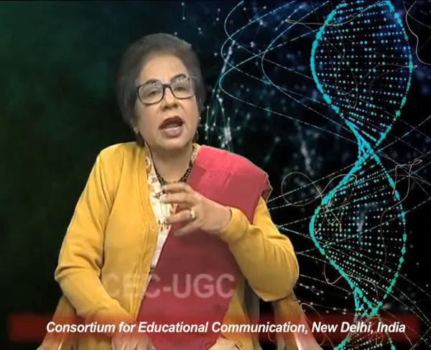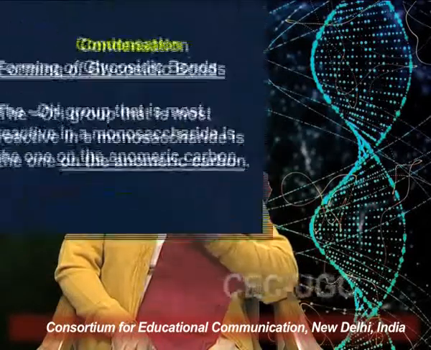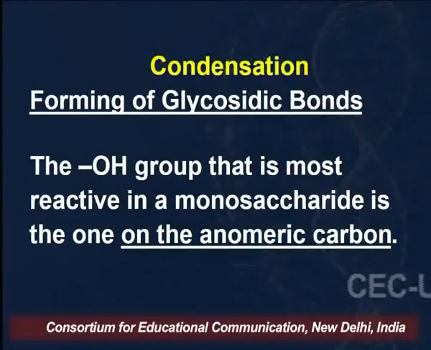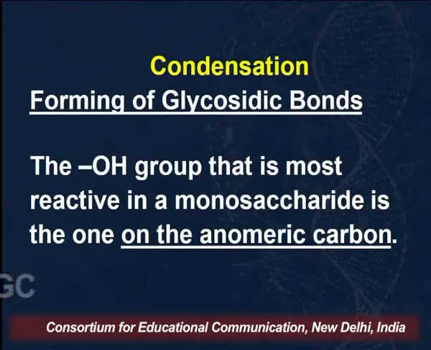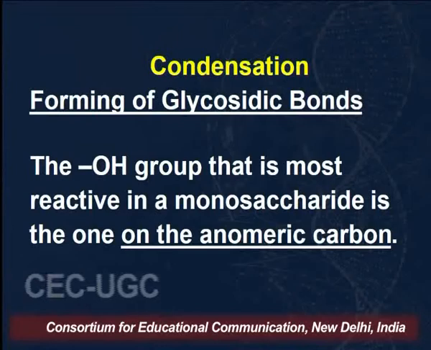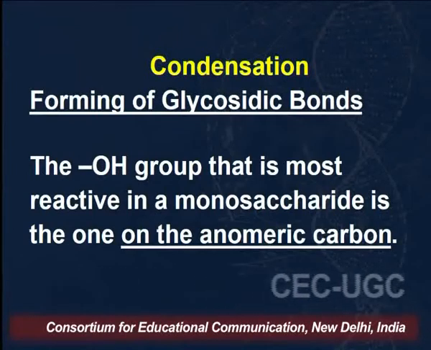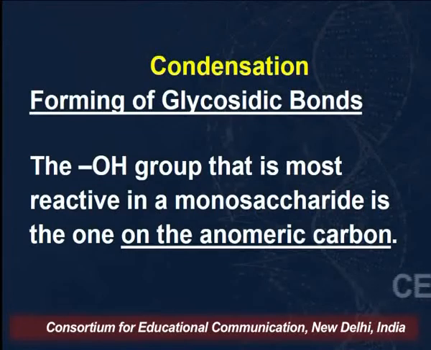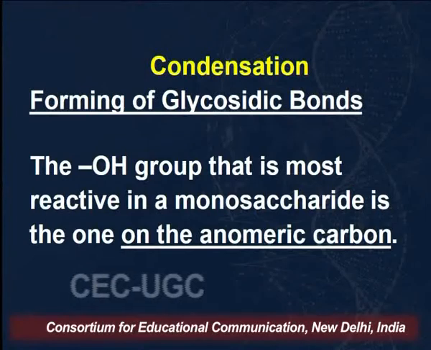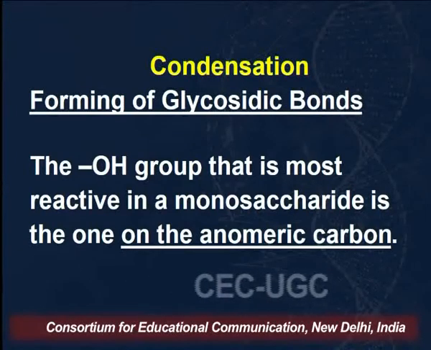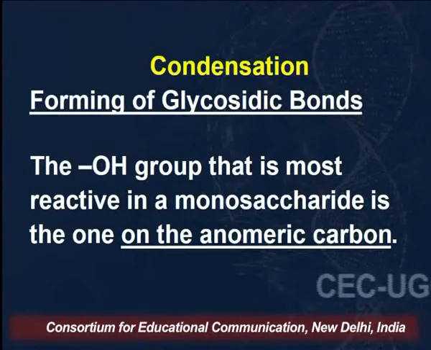This is a condensation reaction, and in a condensation reaction, two molecules join with an elimination of a simple molecule which may be a water molecule, as in the case of glycosidic bond formation, or it may be an ammonia molecule if we are talking of condensation reactions of amino acids resulting in formation of an amide bond.